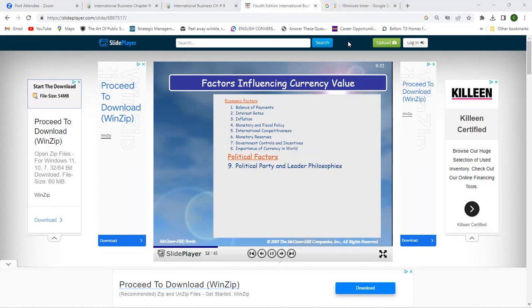And then we have political factors: political party and leader philosophies, proximity of elections or change in leadership.